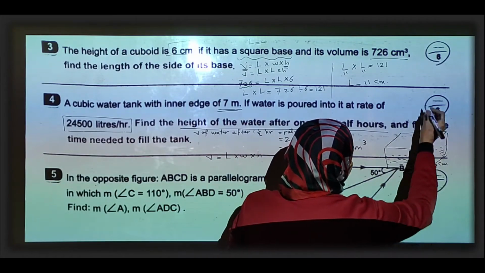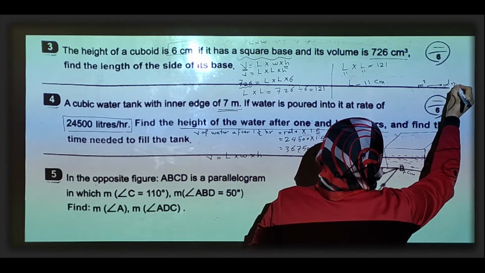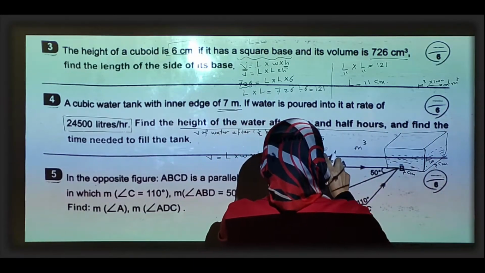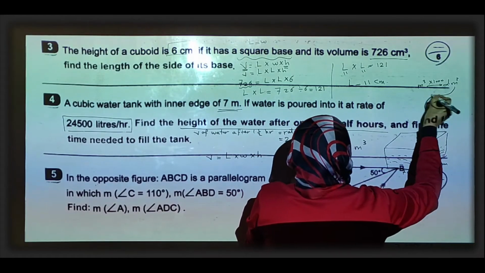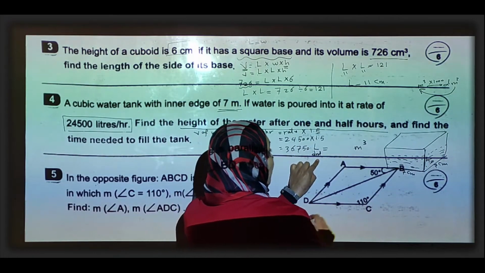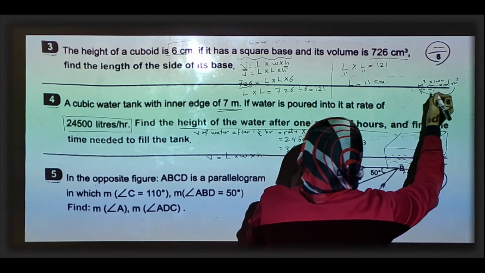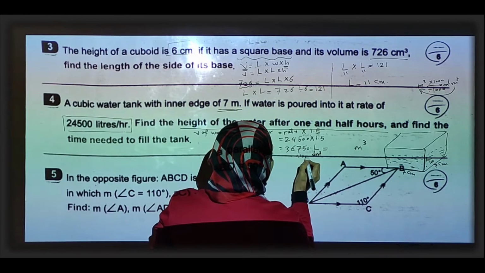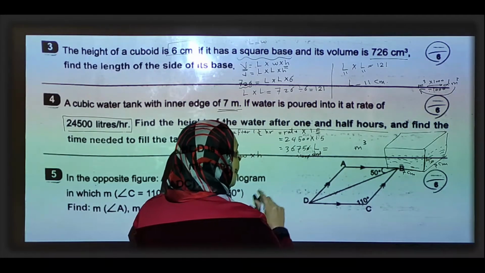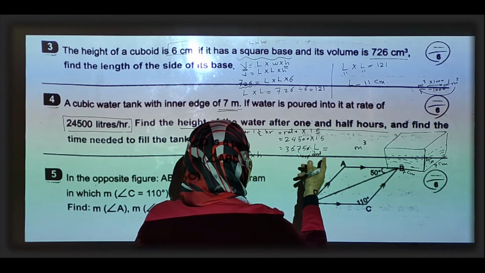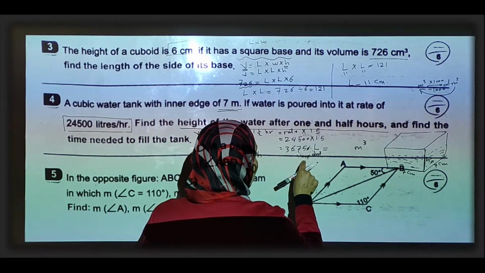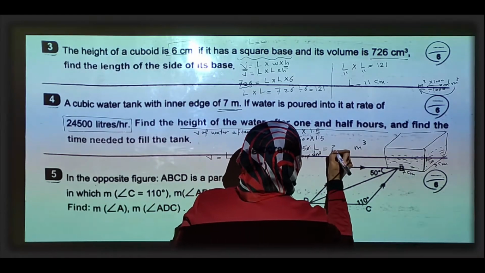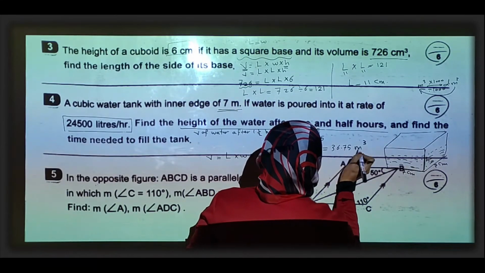From meter cube to decimeter cube, we multiply by 1,000. So from decimeter cube to meter cube, we divide by 1,000. We divide 36,750 by 1,000, and we put a point after 3 digits, which gives 36.75 meter cube.